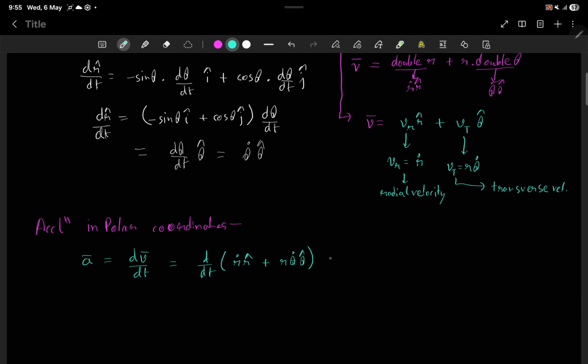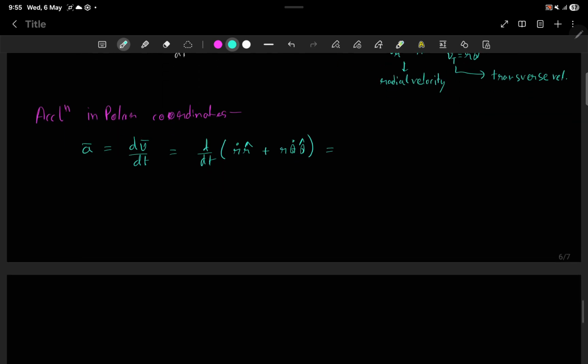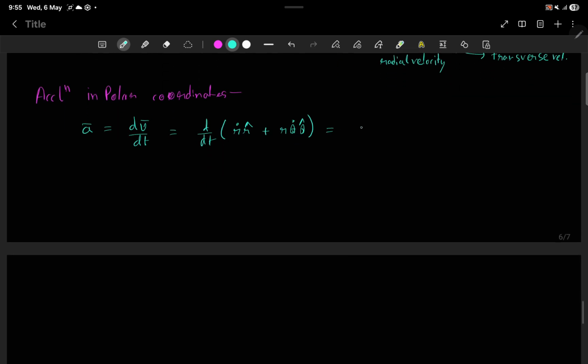So differentiating this, first of all, d by dt of r dot r cap plus d by dt of r theta dot theta cap.